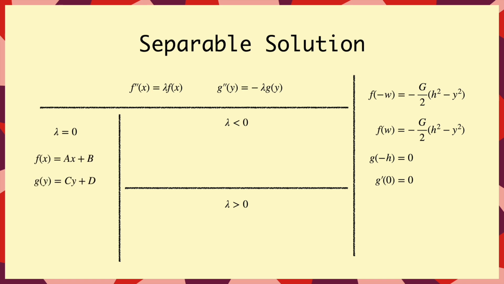So if we pay attention to the bottom two boundary conditions, the fact that g dash of 0 equals 0 means that c must be 0, and g of minus h equals 0 means that d must be 0 as well. So g of y is 0, which means that this solution is just 0, because remember, we're multiplying f and g together in the solution.